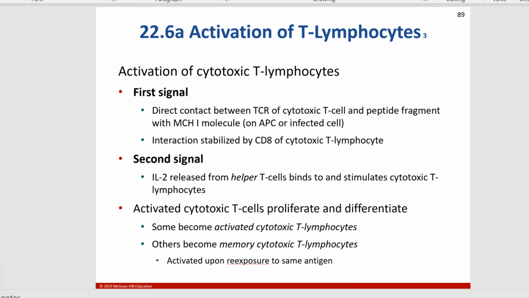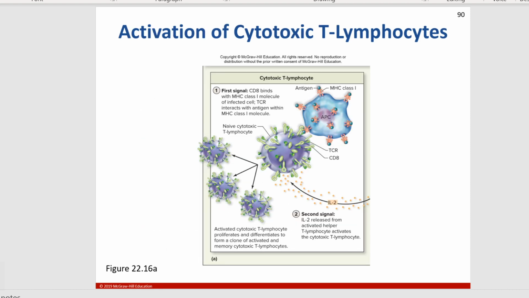Now, some of these will differentiate some more and become activated cytotoxic cells, or become memory cytotoxic T cells. It's the memory cells that stick around afterwards. When we get immunized against something, what we're basically creating is memory T cells and memory B cells that will migrate to and wait in the secondary lymphatic tissues, lymph nodules, lymph nodes, the spleen, the tonsils and all that.